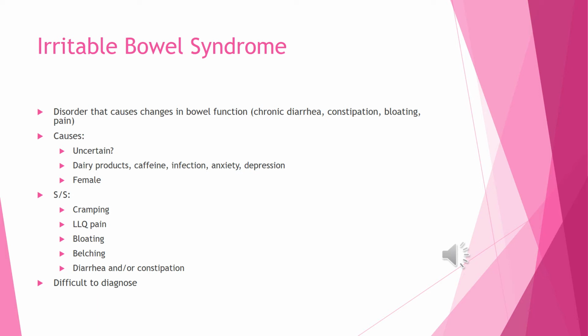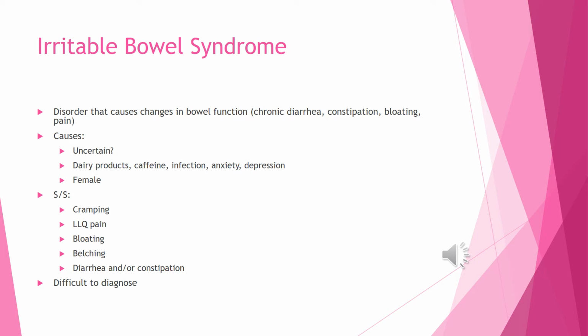And they feel it could be dairy products, caffeine, infection, anxiety, depression that maybe cause it. What we'll see in that is just cramping, kind of what we talked about above, bloating, belching, and it can be left lower quadrant pain. And it's very difficult to diagnose. Sometimes people get this diagnosis when everything else has been ruled out.